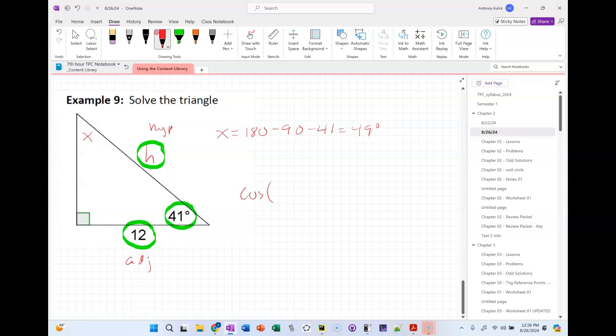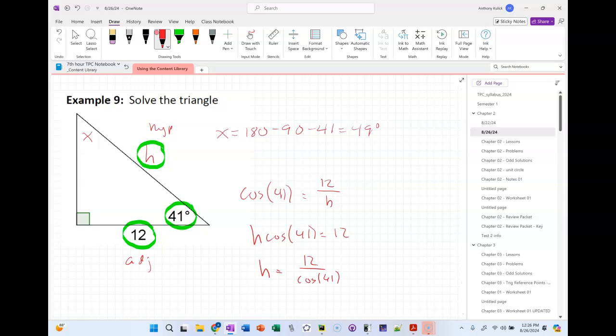So cosine 41 equals adjacent over hypotenuse. I'll multiply both sides by h to get it out of the denominator, and then divide both sides by cosine 41. And then it's just calculator time, right?